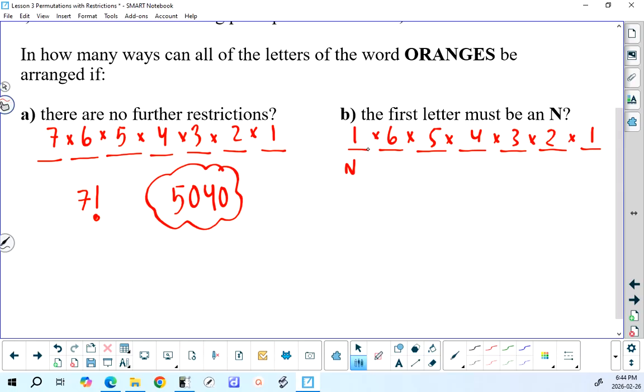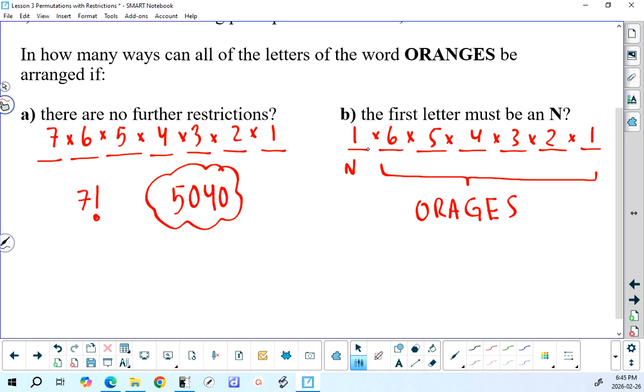Now, how would you think about this using factorials? Here's how I would think of it. I have 7 blanks, and the N has to come first. So I'm not even going to worry about arranging the N. The question really becomes, how many ways are there to arrange the letters of the word ORAGES?